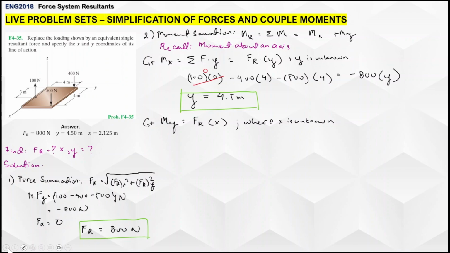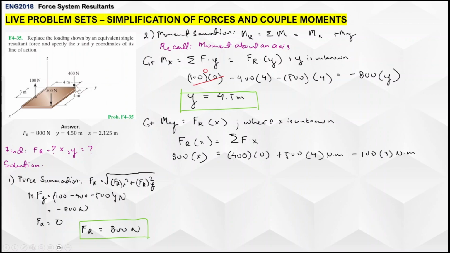And so here, x is unknown. So again, FR times x is equal to the summation of all the individual forces times their respective perpendicular distances. In this case, 400 here is going to be 0 since there's no moment. 100 here is going to rotate clockwise relative to the y-axis, so that's negative 100 times 3.